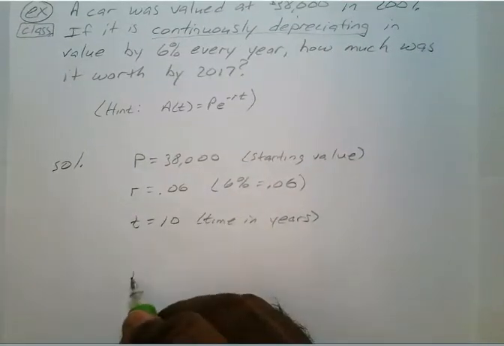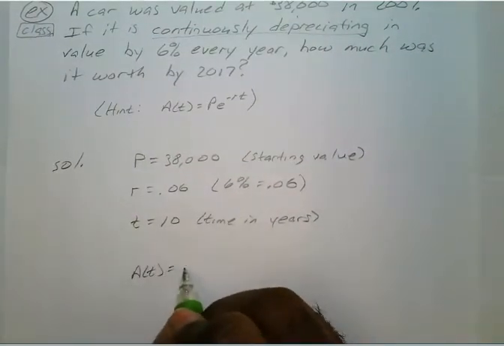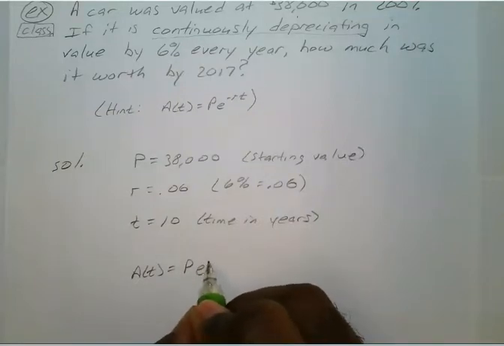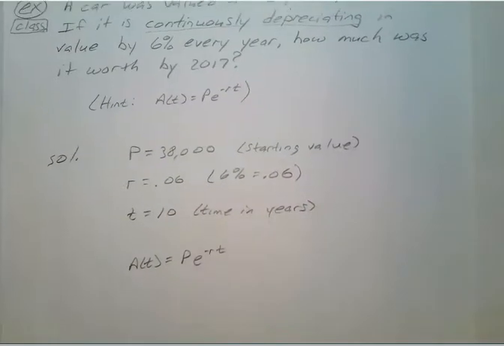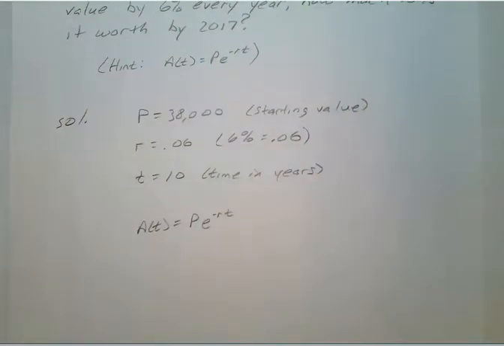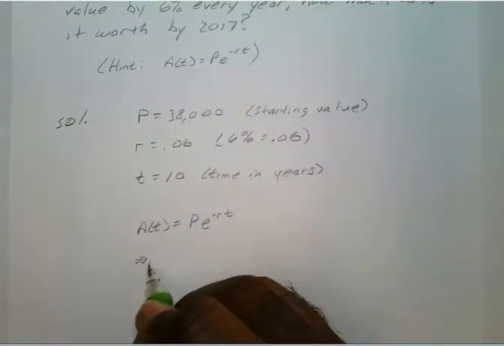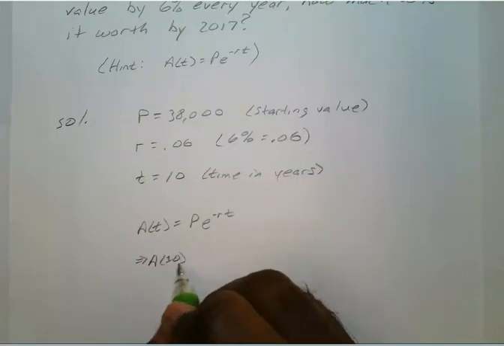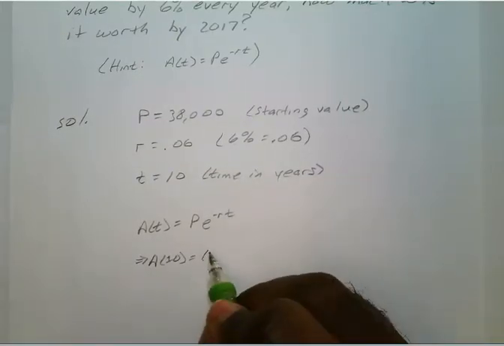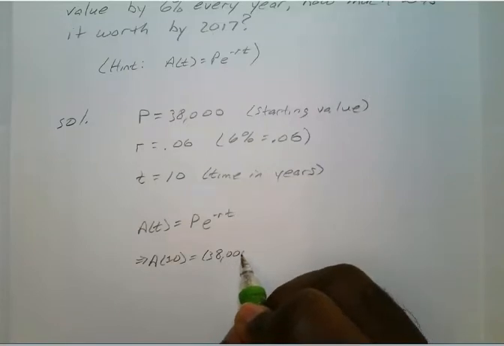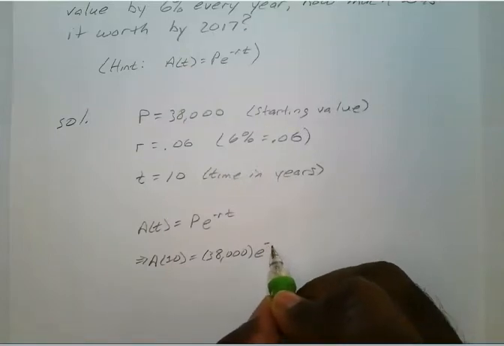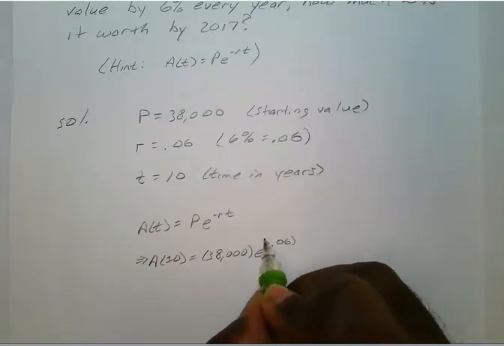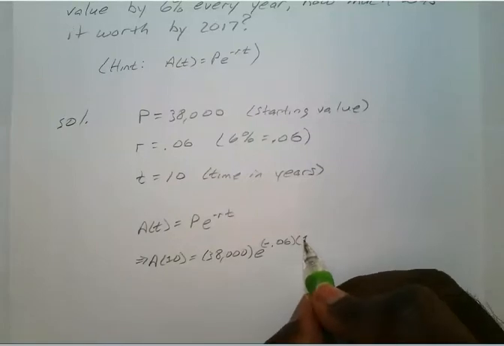So our amount is equal to our principal times e to the power of negative RT, since our value is declining continuously. That means after 10 years, it's going to be 38,000 for our principal times e to the power of negative 0.06 times 10.